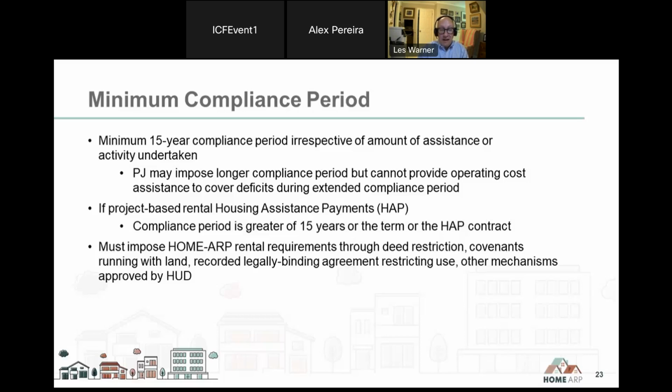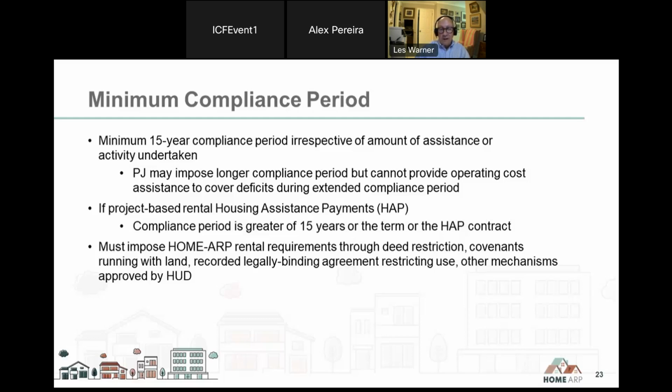Now, the PJ has the ability to choose to impose a longer compliance period, but keep in mind that under the HOME-ARP rules, you will not have access to being able to provide additional operating cost assistance to cover those shortfalls during an extended compliance period.